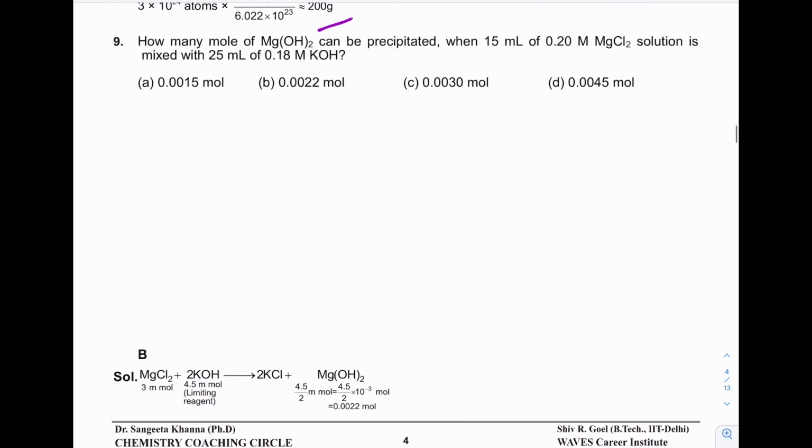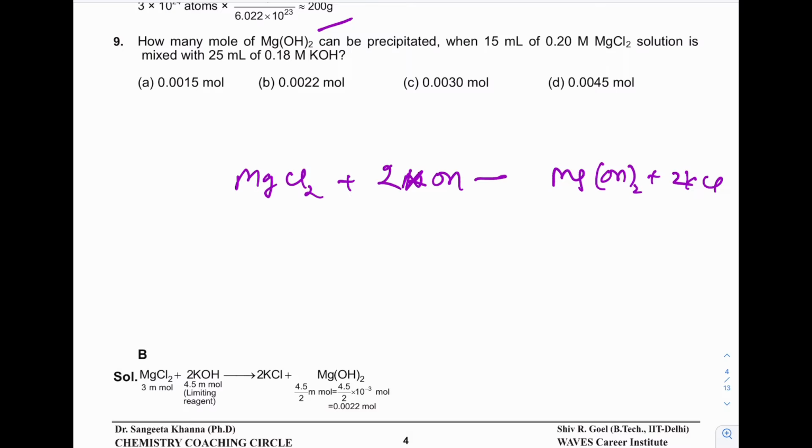Next is, how many moles of magnesium hydroxide can be precipitated? It is the reaction between magnesium chloride and KOH to give MgOH2 plus KCl. You have to find moles of magnesium hydroxide prepared from 15 milliliter 0.2 molar and 25 milliliter 0.18 molar.